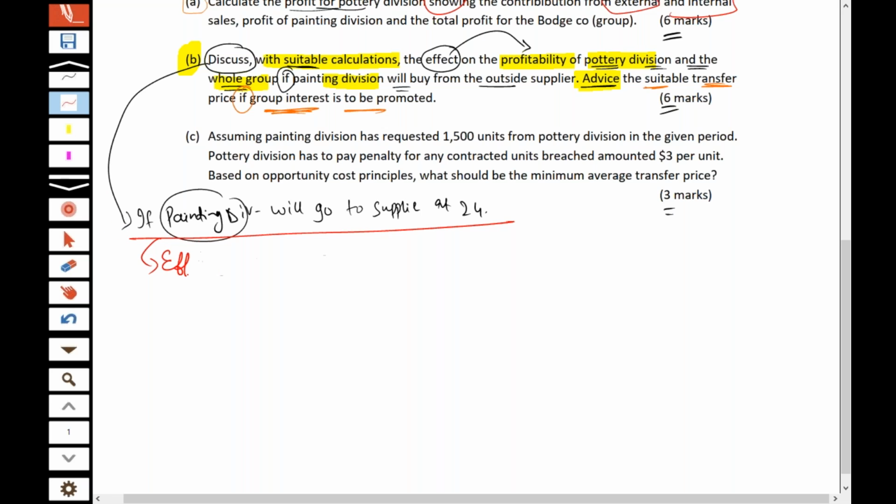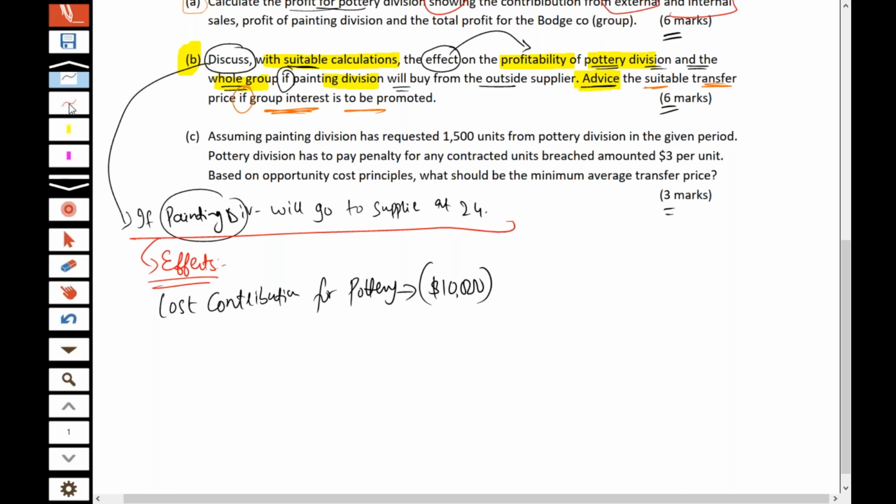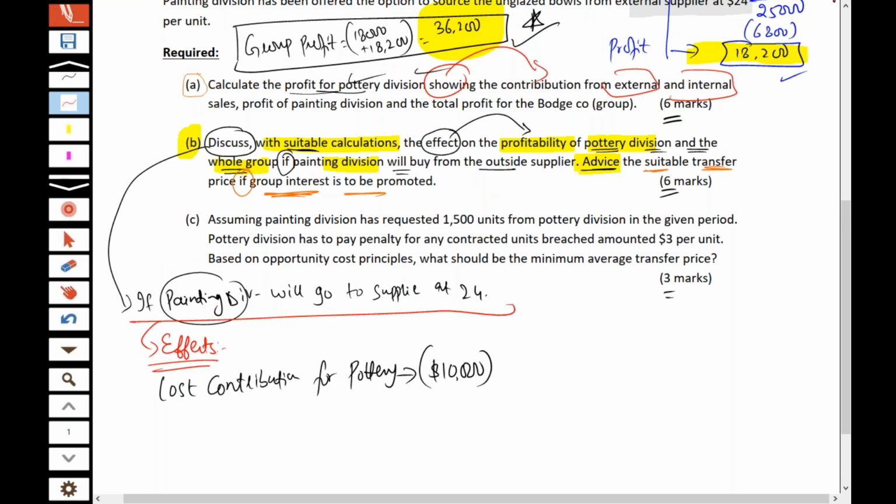See the effects. What will be the effect? That is lost contribution for pottery, that is 10,000.